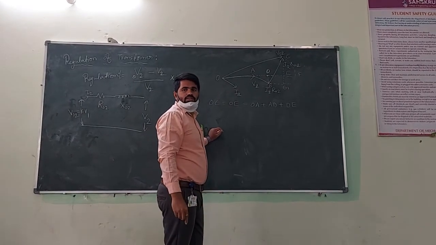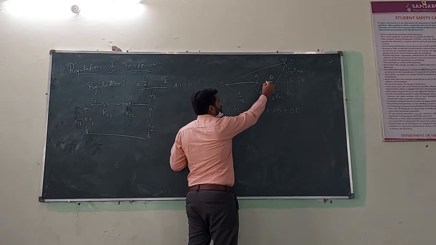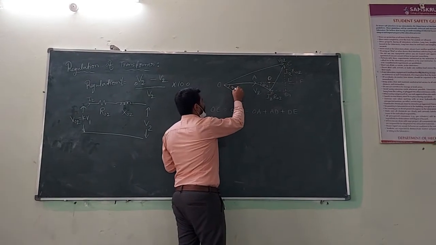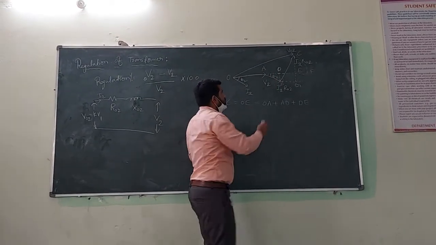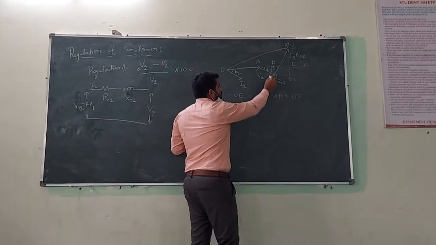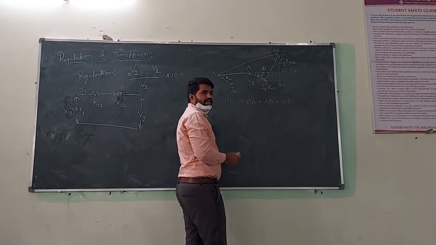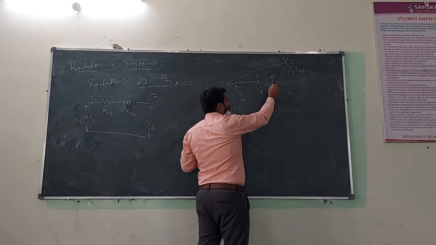Is that clear? Now, the angle between this line and this line is phi 2. We already know this is phi 2. These two lines are parallel, so this angle is also phi 2. We know this is 90 degrees. Now tell me what is this angle? 90 minus phi 2. And the angle between these two is 90 degrees.